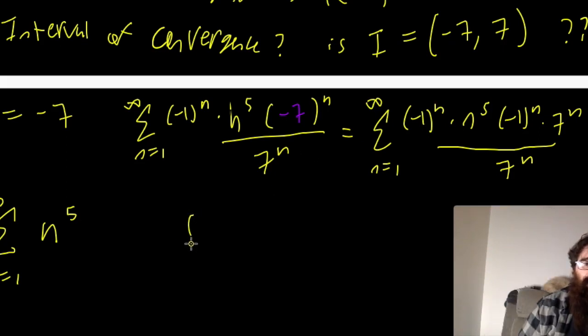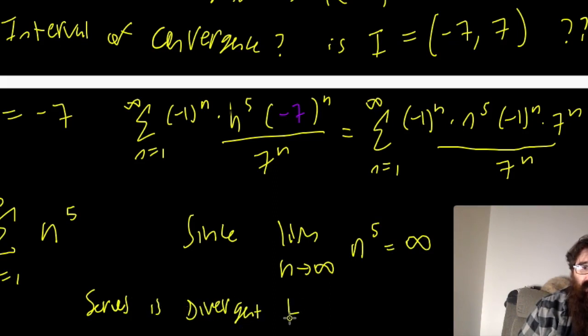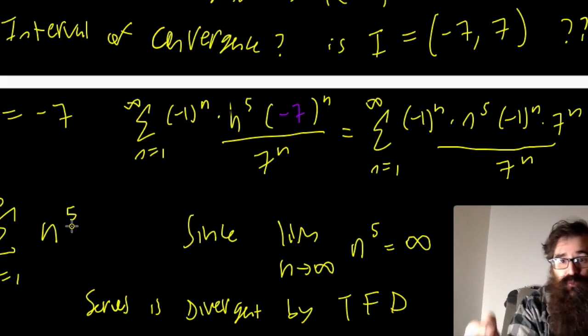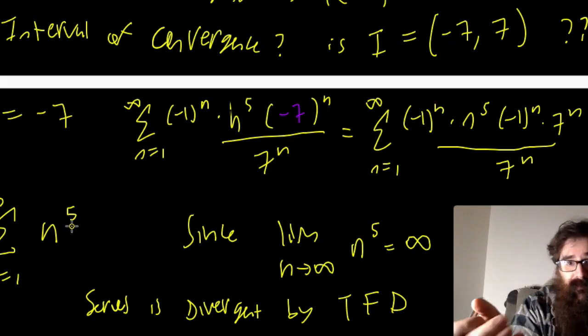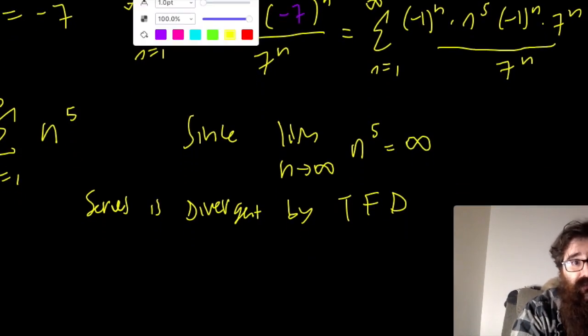So we'll say, since the limit as n goes to infinity of n to the 5th is infinity, the series is divergent by test for divergence, TFD. If you think about this, this is going to grow very out of control. And if I'm supposed to be adding those terms together, there's no way that it's going to stop. The sum's going to keep growing and growing. I wish it was my bank account, but it's definitely not convergent. That is for sure.